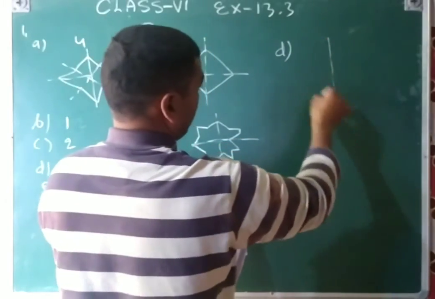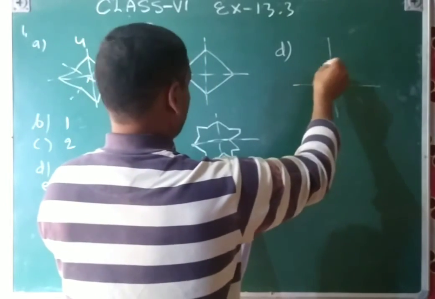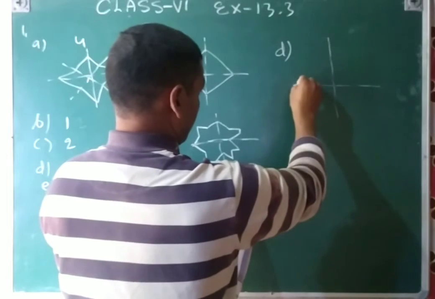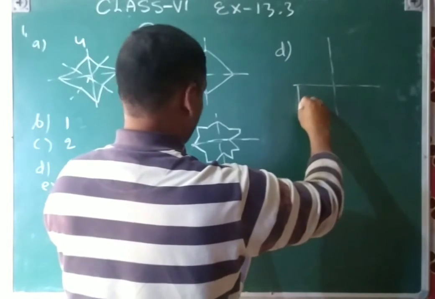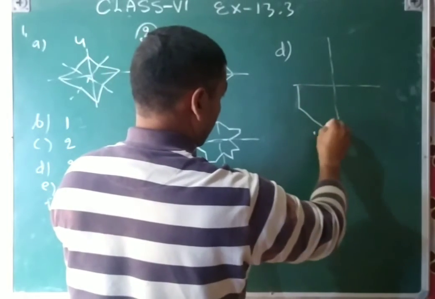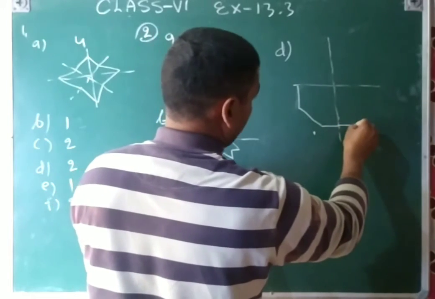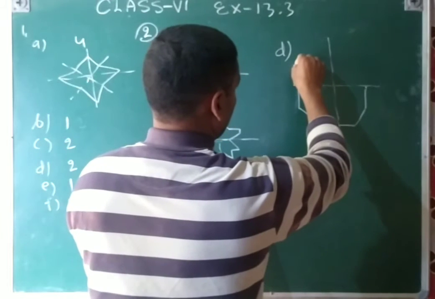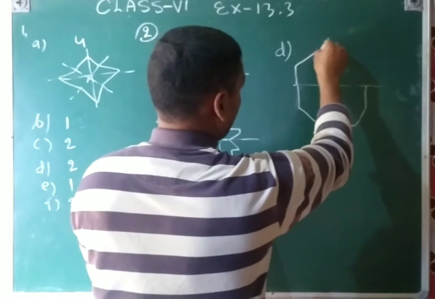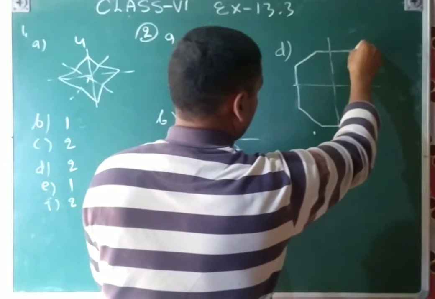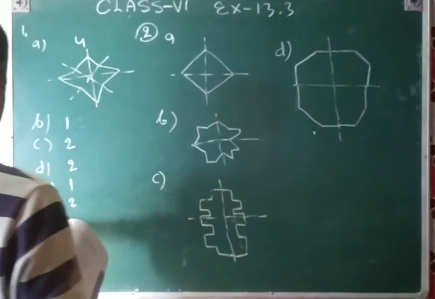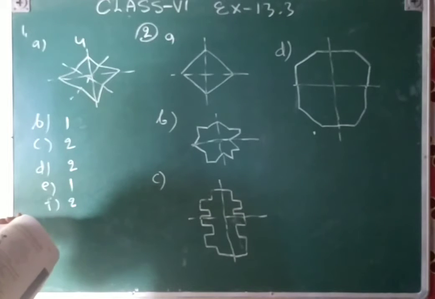This is the dotted line. If you do this work on dotted paper, then you will draw the diagram perfectly. And E and F parts you can do like this.